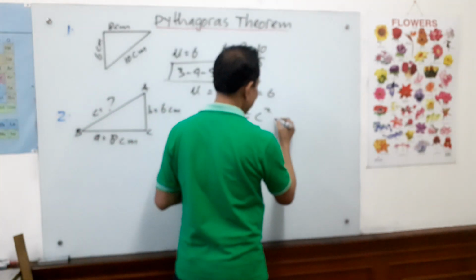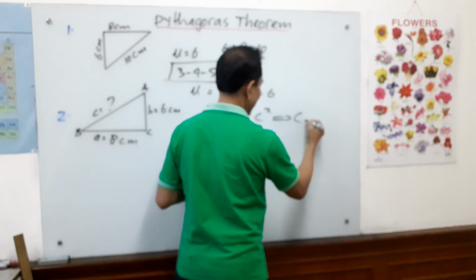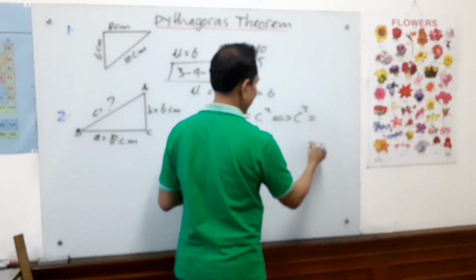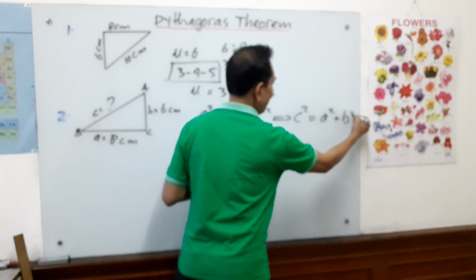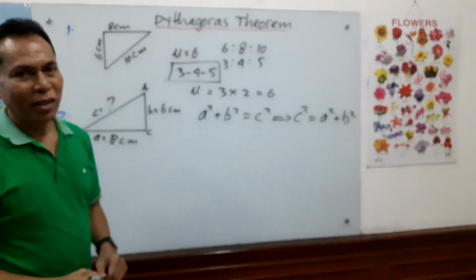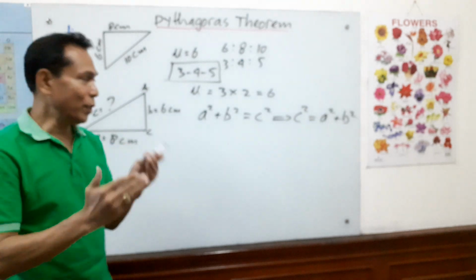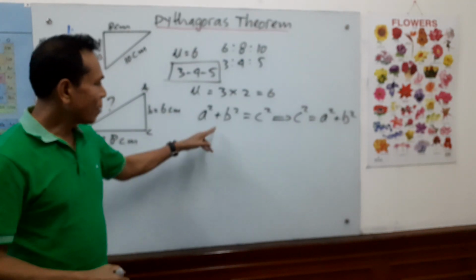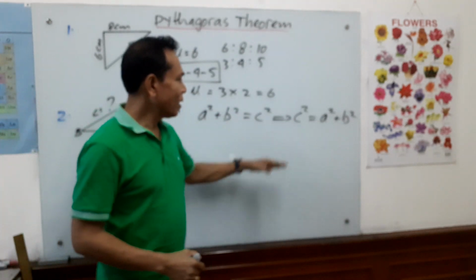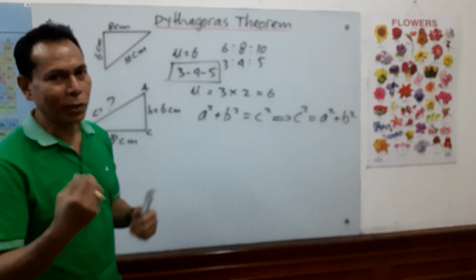Another way to write it is C square equals A square plus B square. It's exactly the same, we only swap the position, okay?